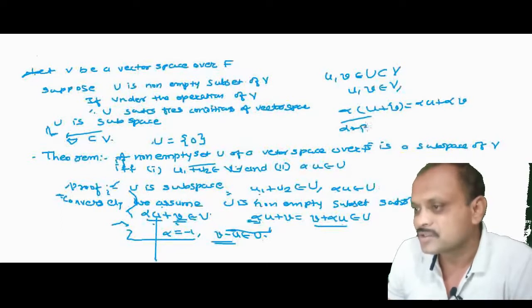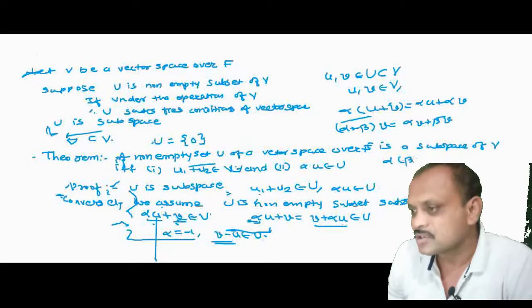Second, alpha plus beta times v equals alpha v plus beta v. Third, alpha times beta v equals alpha beta v. And the fourth one is an obvious condition of a vector space.